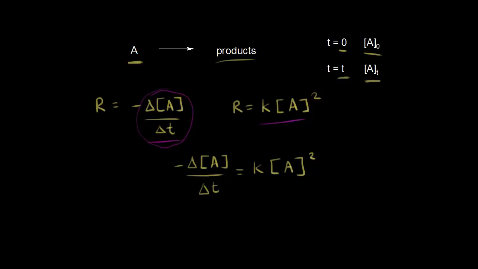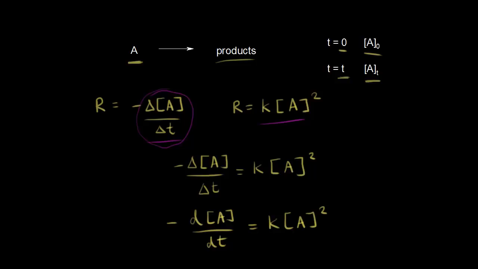So the rate of change of the concentration of A with respect to time. So we can write negative dA, d concentration of A, over dt. So the rate of change in the concentration of A with respect to time. And this is equal to k A squared, and we have our differential equation, right?